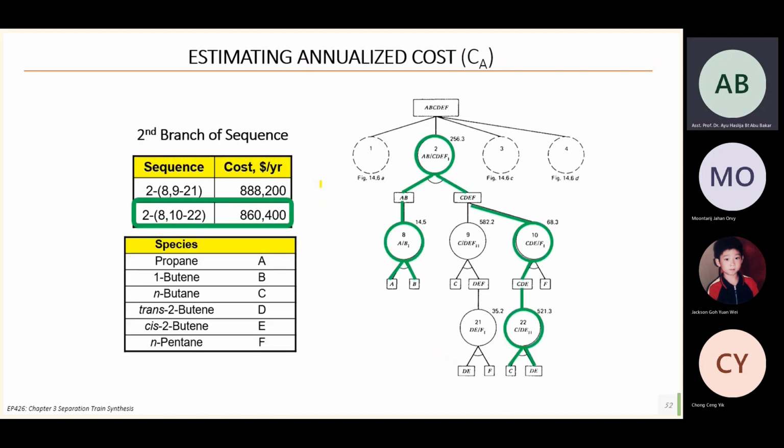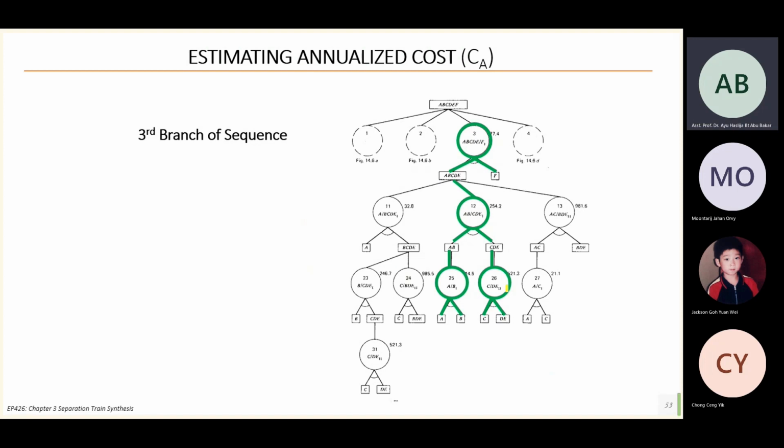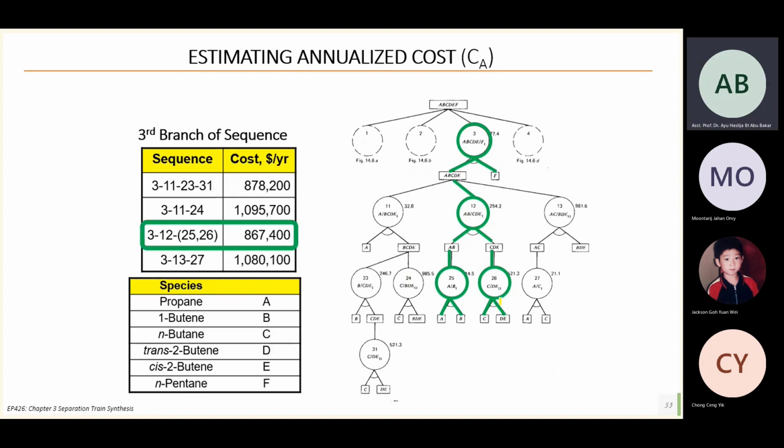For the second branch, this sequence has the lowest. You will need to compare for each branch. For the second branch, this sequence is the lowest, where it only gets 860. Move to the third branch. This sequence is the best, that has the lowest.